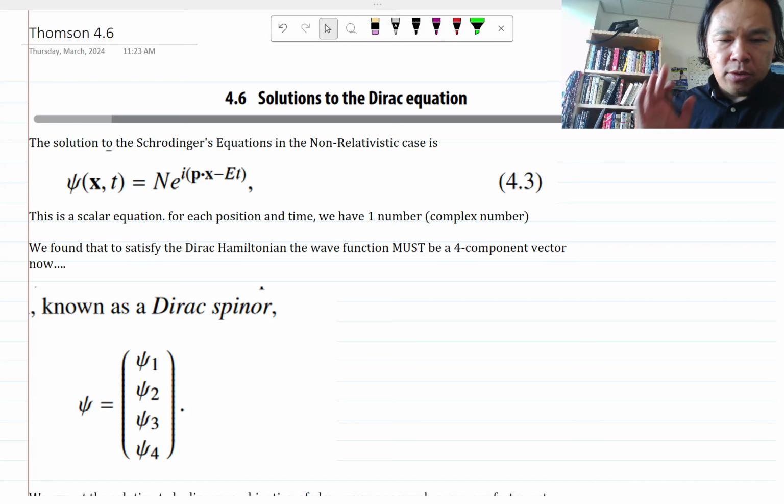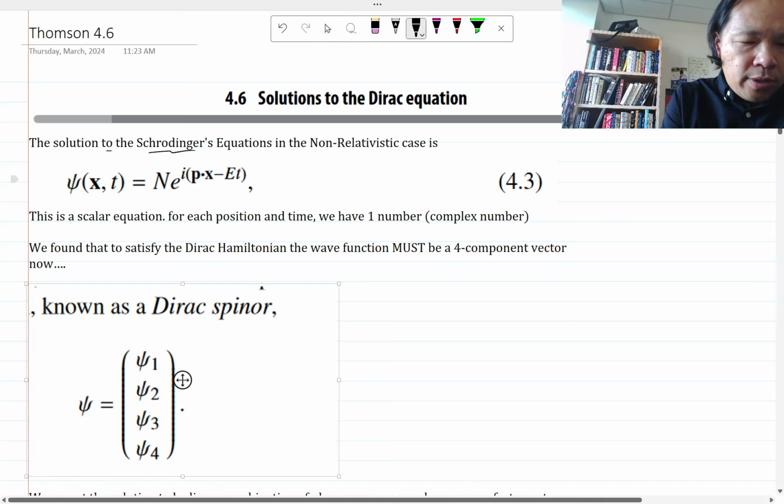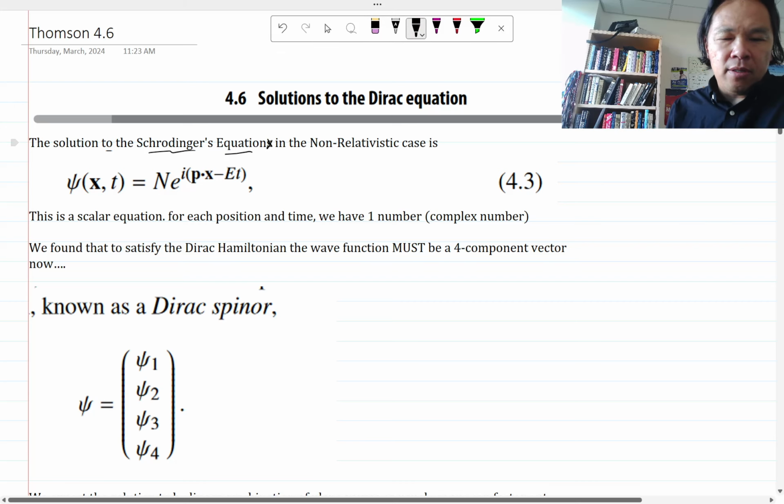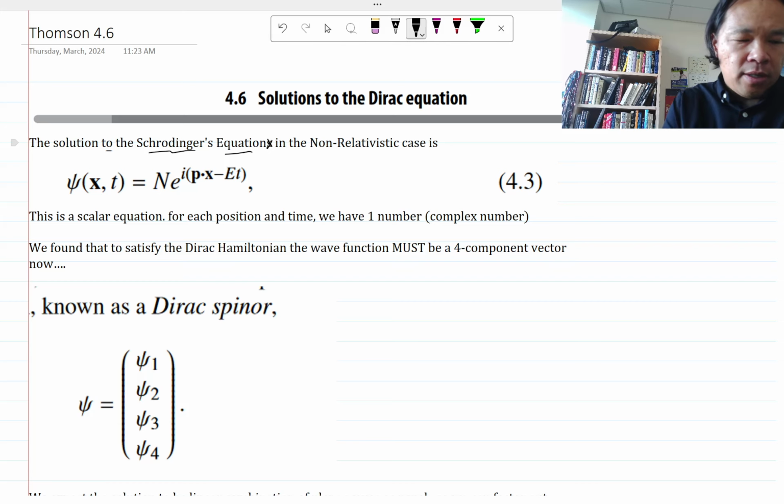But just to remind you guys, the solution to the Schrodinger equation, there's only one, right? In the non-relativistic case, it's just this wave function where psi is some normalization factor and some plane wave.